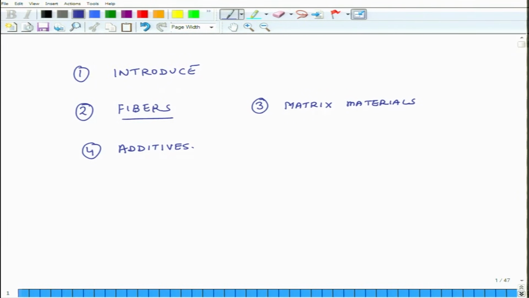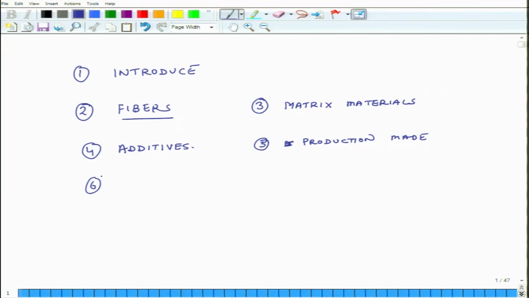Then we will discuss how composites are made, the manufacturing or production methods. How are different types of composites made? There are a host of ways, and in that context we will learn not only how composites are made, but also how fibers are created, how different materials are developed, and ultimately how the two things are combined to develop composites.